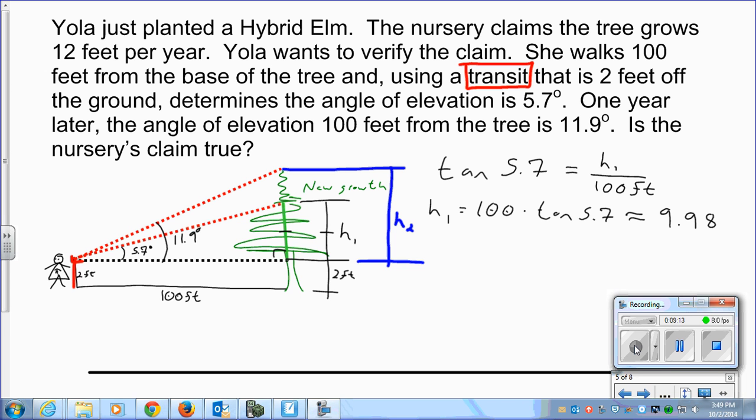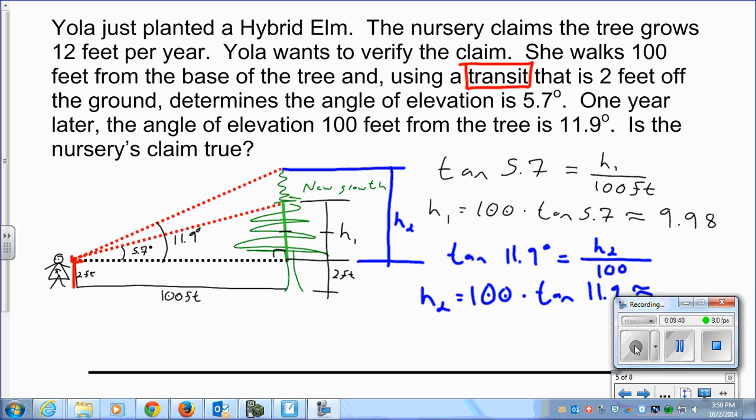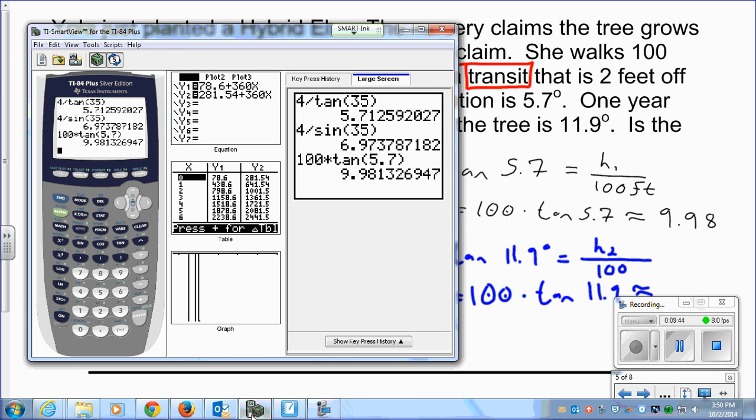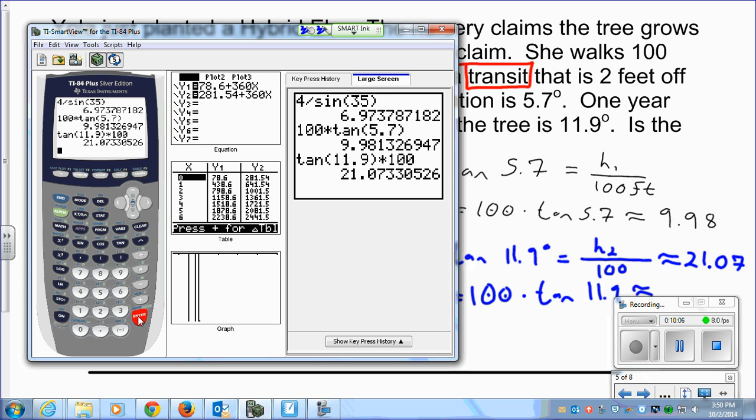So H2 is going to be the tangent of 11.9 degrees is equal to H2 over 100 feet being my adjacent side, and I'll multiply this through, and I get H2 is equal to 100 times the tangent of 11.9, which is going to be approximately equal to, and we get approximately 21.07 feet.